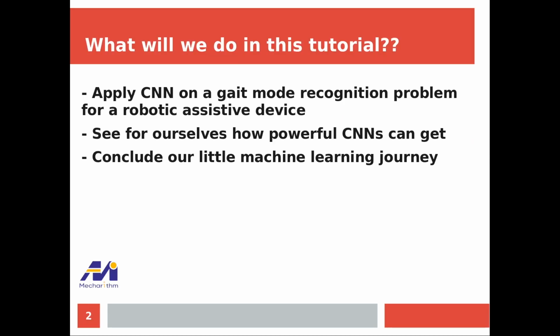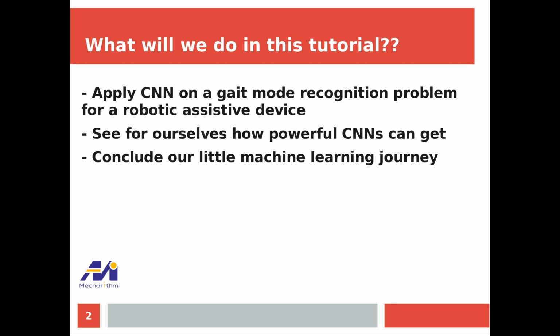So what are we going to do in this tutorial? We're going to apply CNN concepts on a gait mode recognition problem where we need to determine the exact gait phase for a locomotor, where we are going to, for example, design a robotic assistive device for that locomotor or for that person.